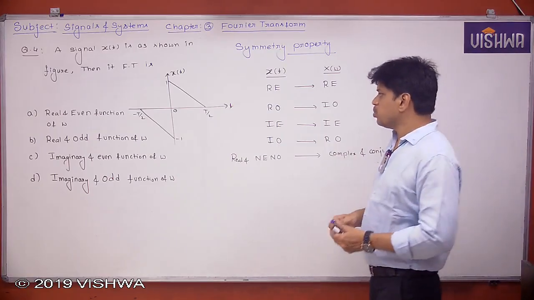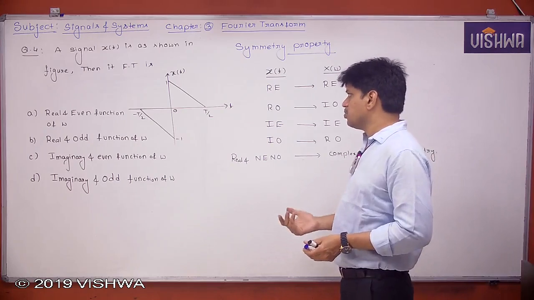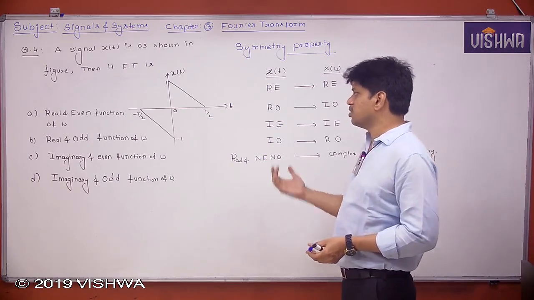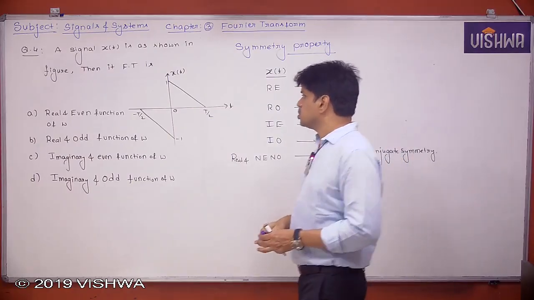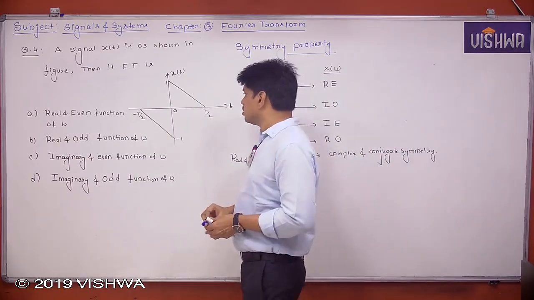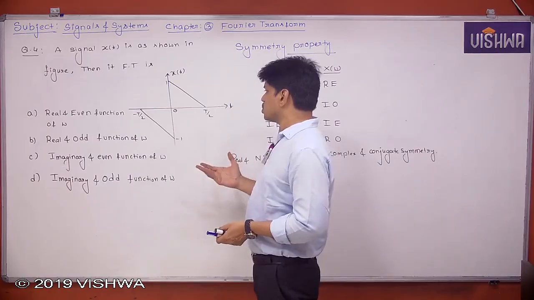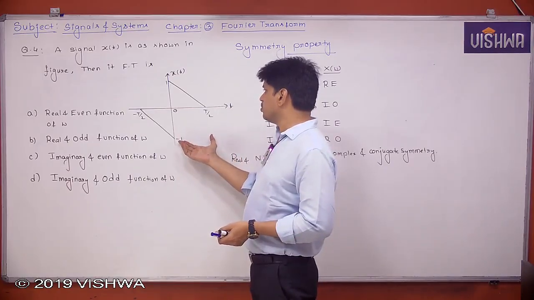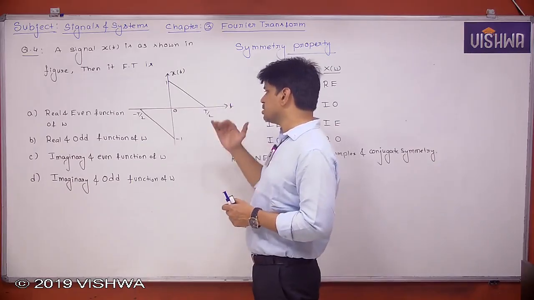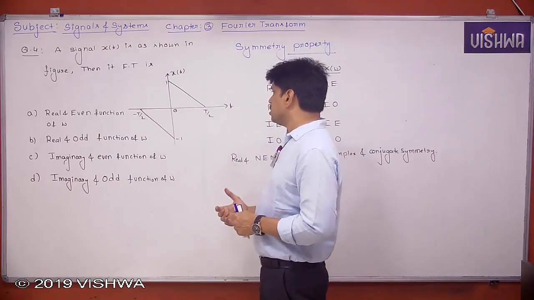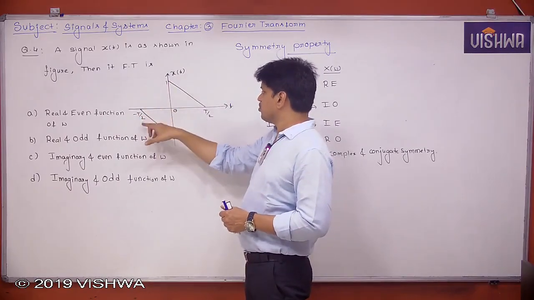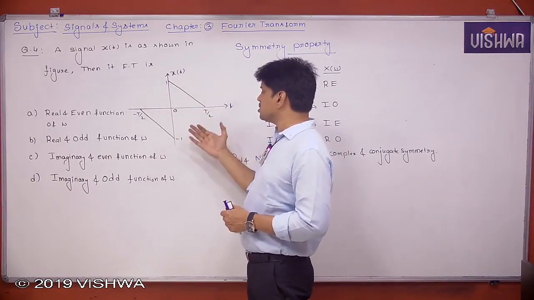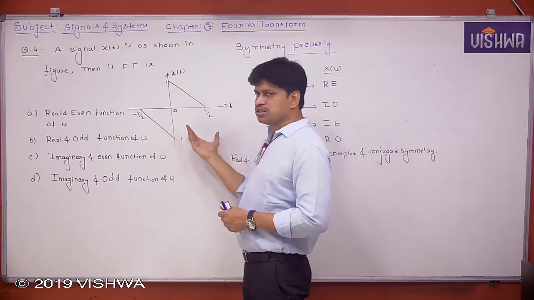We just have to understand what is the nature of x of t. Once we know the nature of x of t, the Fourier transform nature can be directly said from the given table. So let's see, x of t. Is it a real function? Of course, the value of x of t is only between -1 and +1, so I can say it is real valued only. And if you observe carefully, if I fold it, I am going to get a negative of that previous signal.